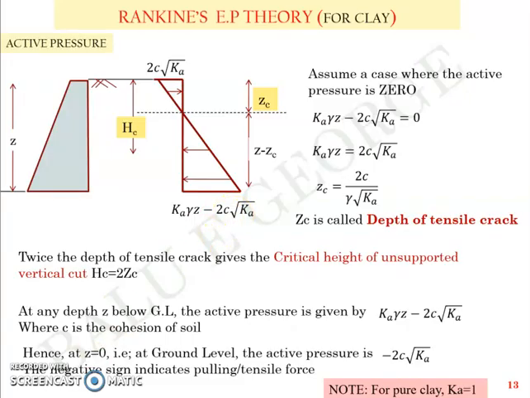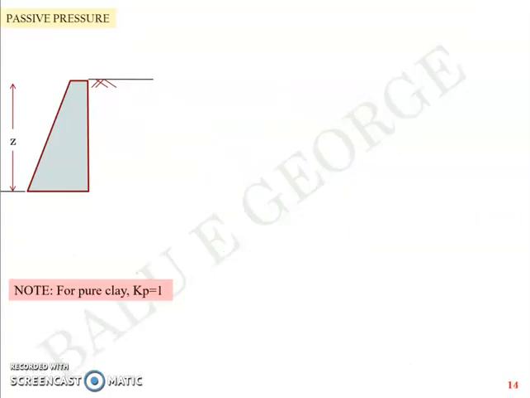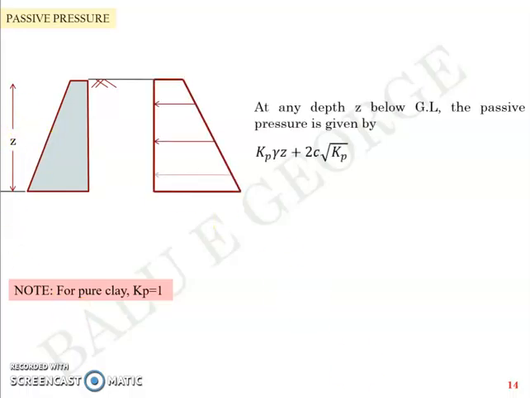Now, the passive case for clay soil, the equation is for any depth Z, you define it as Kp gamma Z plus 2c root Kp. So two differences, Ka gets replaced by Kp and the negative gets replaced by positive. And for the same reason, you don't have the tensile area there.